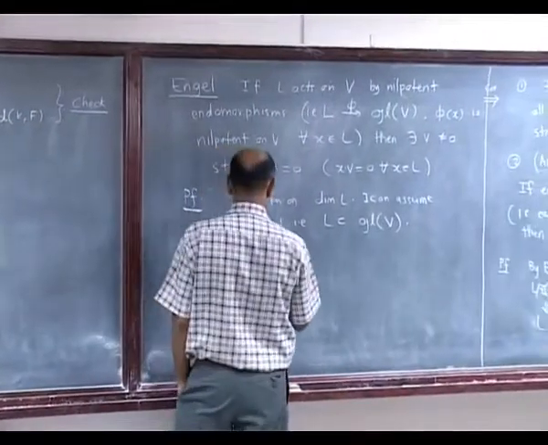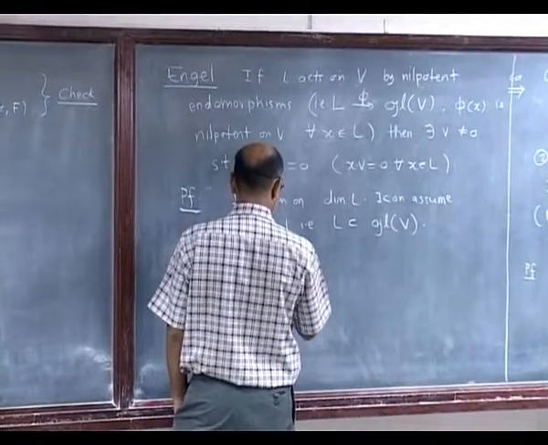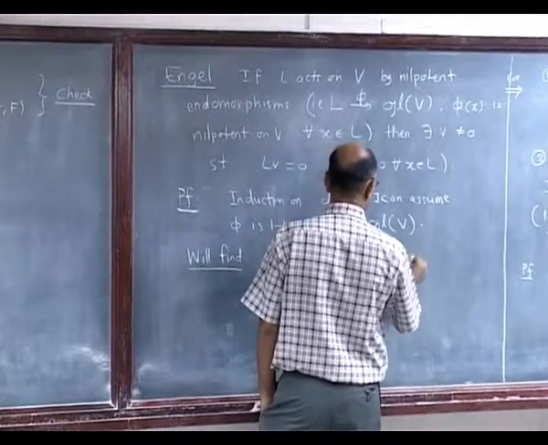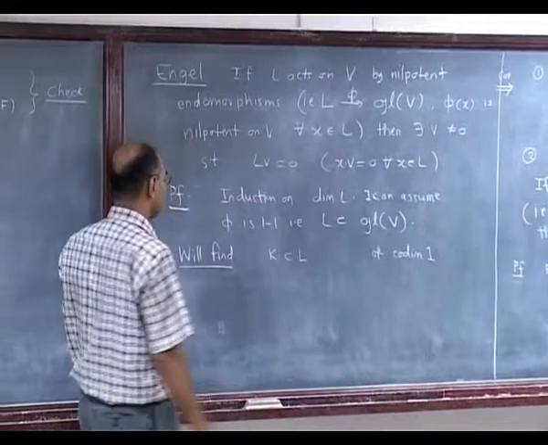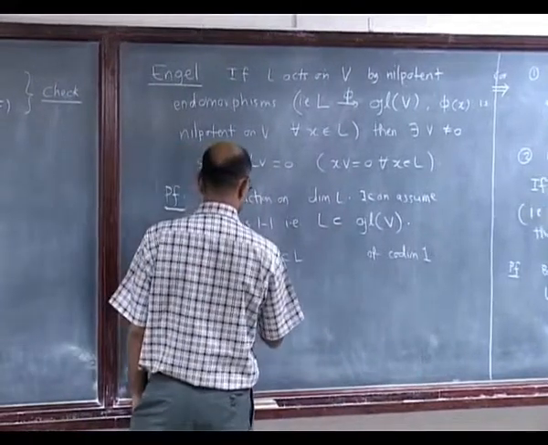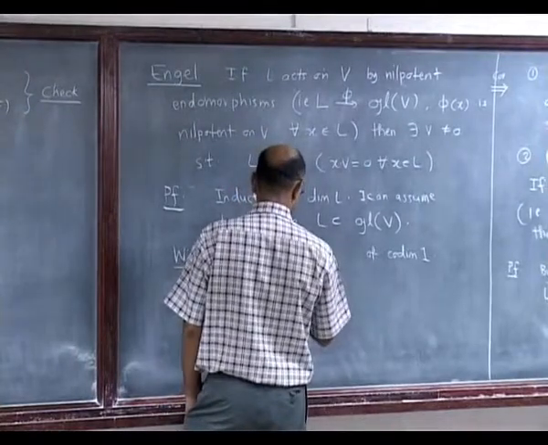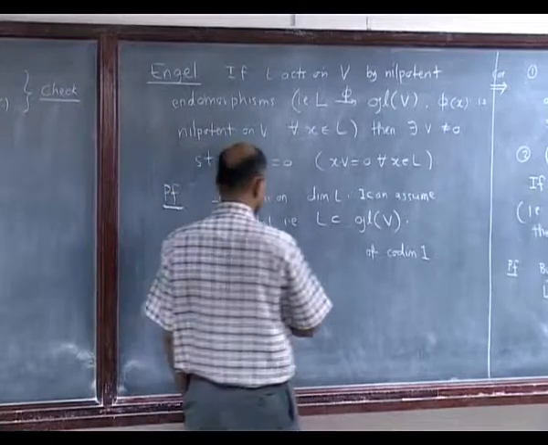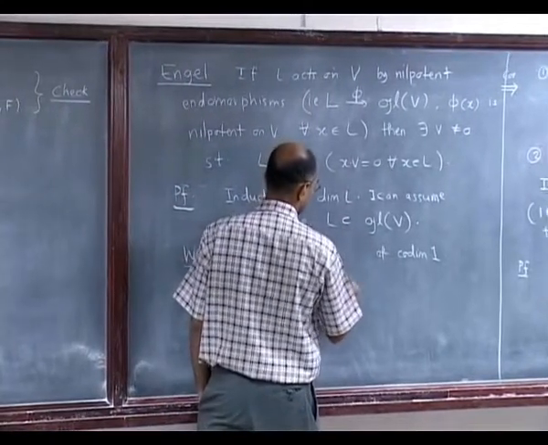We will find K in L of codimension 1 and apply the inductive hypothesis. What it is we will see, but it is going to be a linear subspace nonetheless. So, in fact, I can write L equals, let us take the same notation, F times Z.